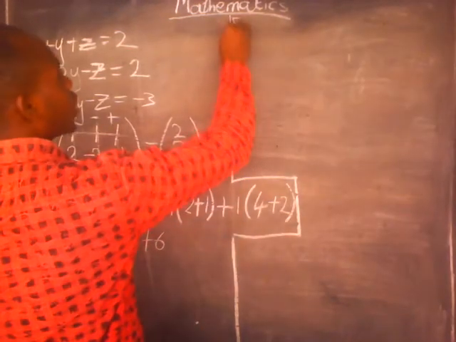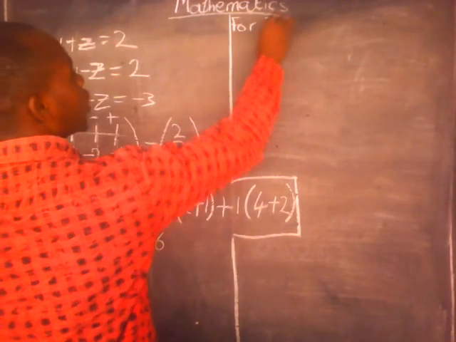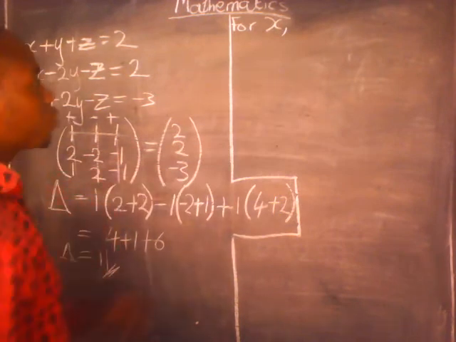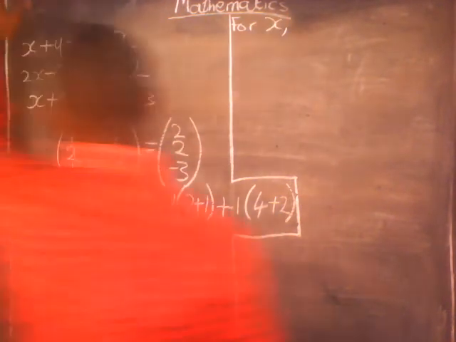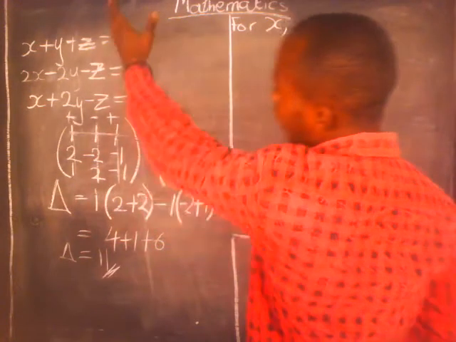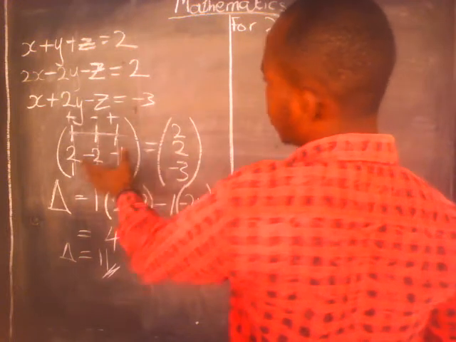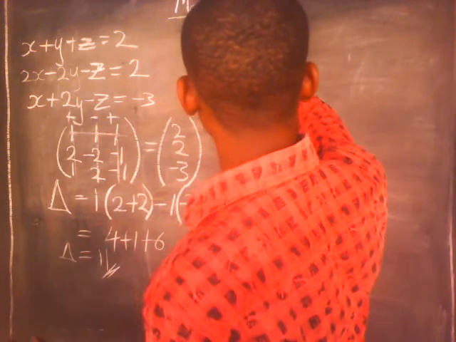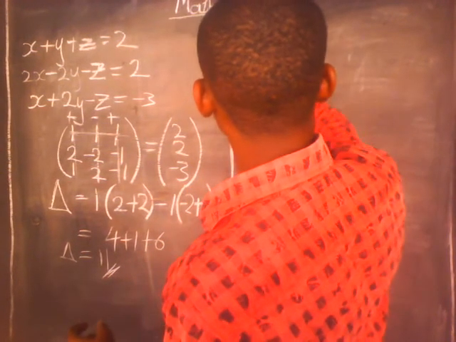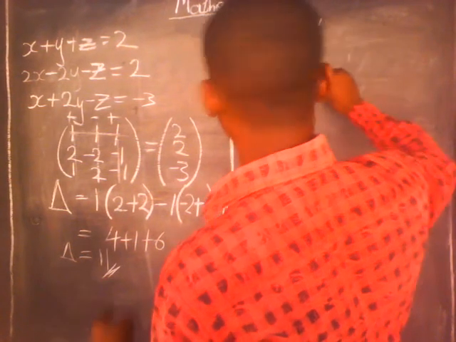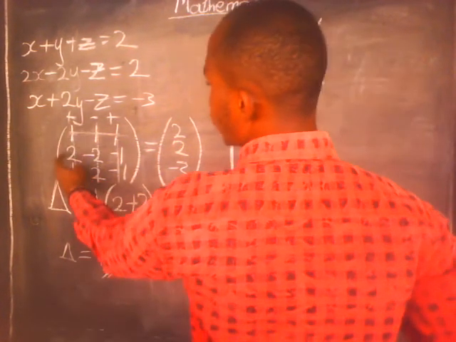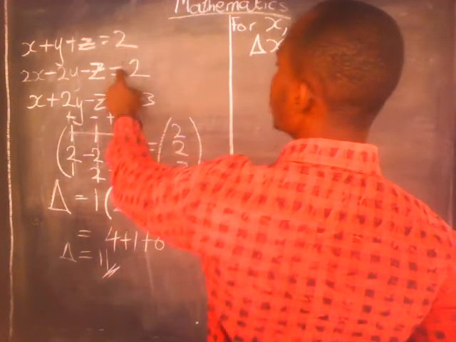Now I move over to this side. For me to get the value of x, I will have to replace the column that contains the coefficient of x with the answers over here in the matrix. So if I am to get the value of x, the determinant of x will be equal to the column for x here, which is 1, 2, 1, replaced with 2, 2, minus 3.